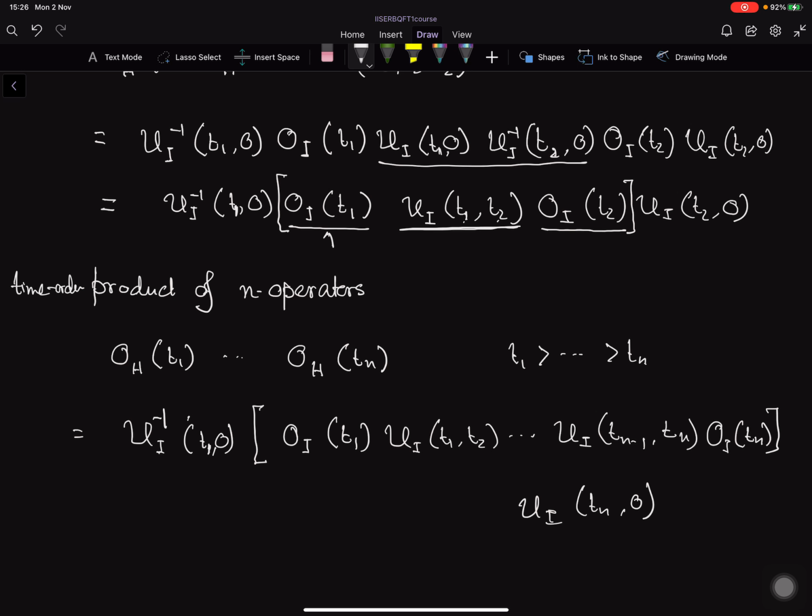Very good. So in general, this is the expression relating the time ordered product of n operators in the Heisenberg picture and the interaction picture.